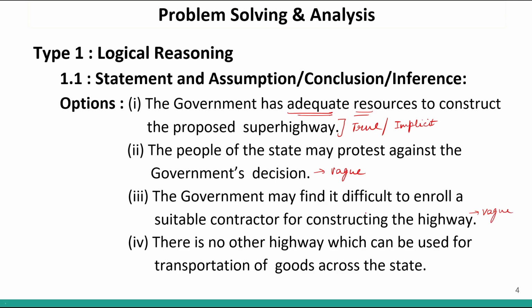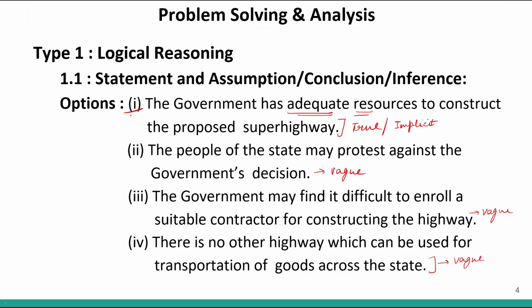This may or may not happen. Whether we find a suitable contractor or not, it is not relevant to the statement at all. So this is also a vague statement. Now, there is no other highway which can be used for transportation of goods across the state. Again, a vague or irrelevant statement. This irrelevant assumption has nothing to do with the original statement.